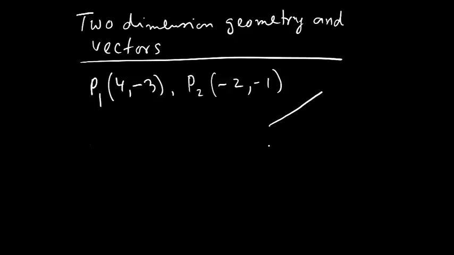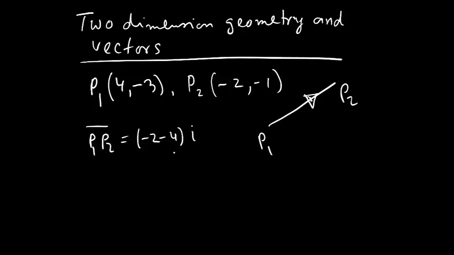We want to find a vector that gives you P1P2, and we say that we are moving from P1 to P2, so that P1 is my initial point and P2 is my terminal point. So the vector P1P2 will be (-2 - 4)i plus (-1 - (-3))j. The negative of a negative will make it positive j. So you are getting -6i plus 2j. This is your vector P1P2.